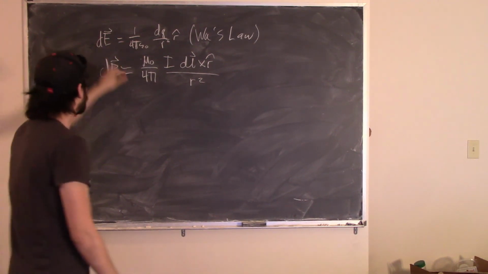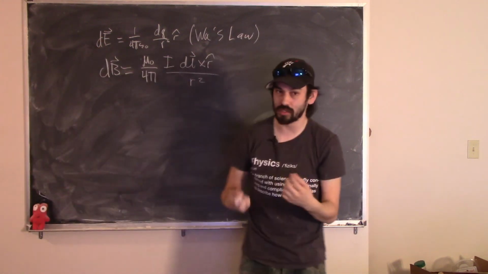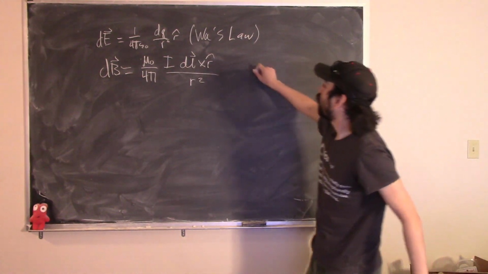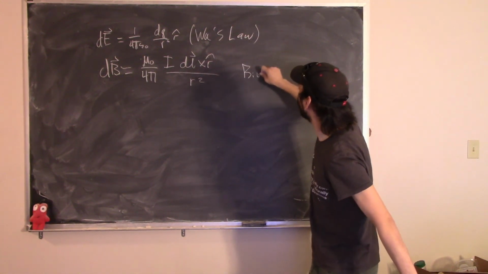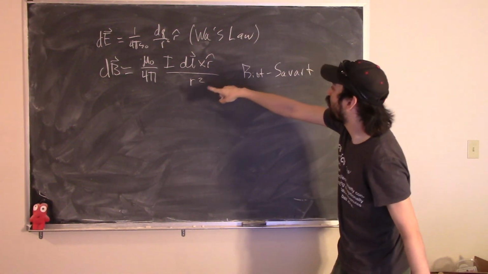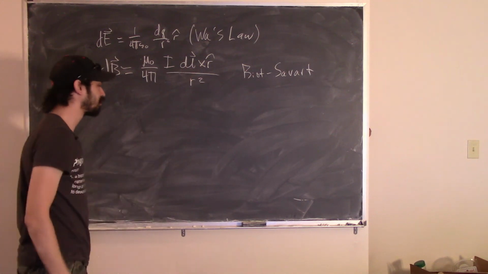So this equation allowed us to calculate the electric field from some infinitesimal charge. This equation allows us to find what the magnetic field is from some infinitesimal little piece of current.